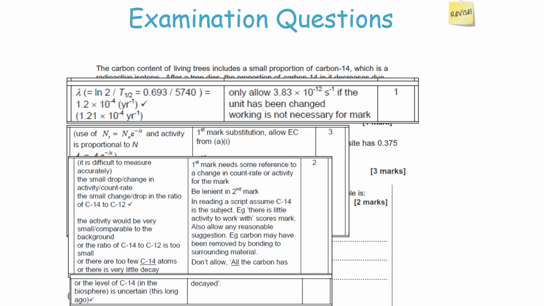So less than 200 years old is going to be a small change in activity or count rates, very difficult to detect. And if it is more than 60,000 years old, the activity will be very, very small, because most of it has already decayed, or you would probably say it's comparable to the background radiation. So therefore you're uncertain about how many carbon-14 atoms are left.